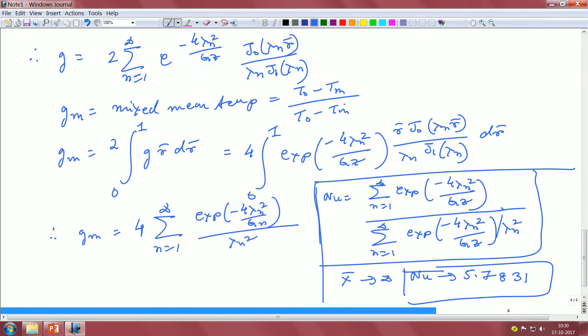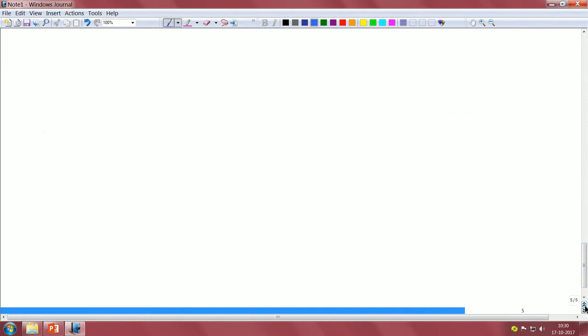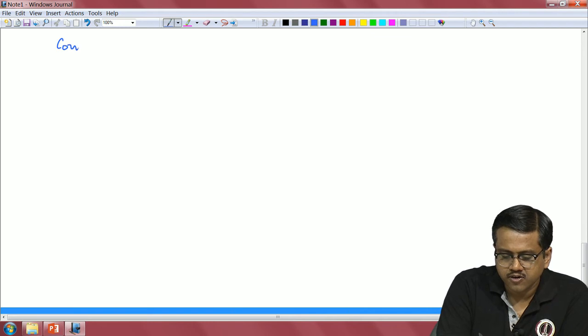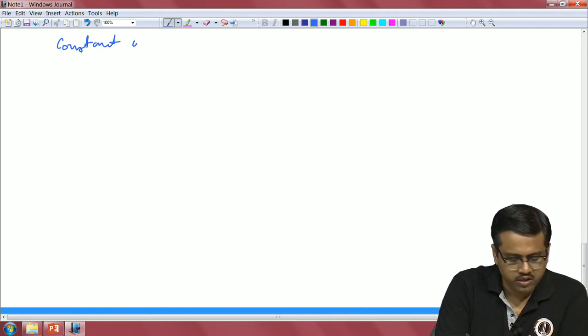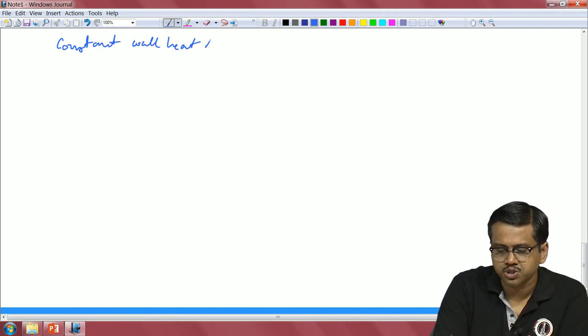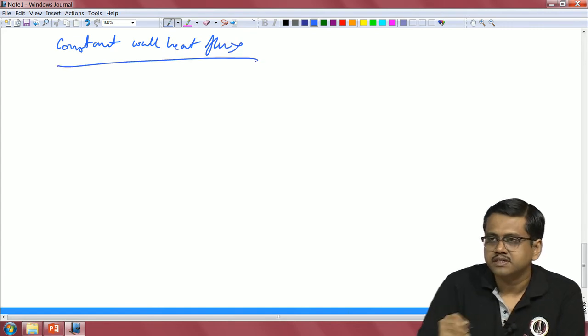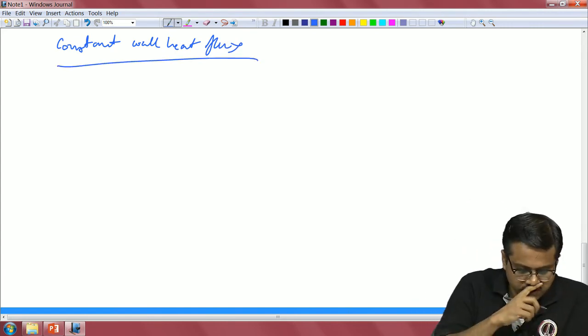So you should note the difference between this and the corresponding situation where the velocity profile was not like this. I would pose the problem for the constant wall heat flux for the same situation, but you can solve it on your own.